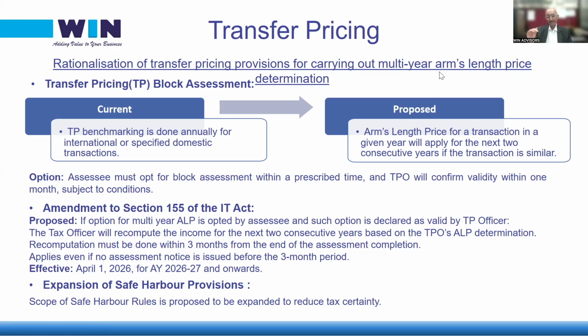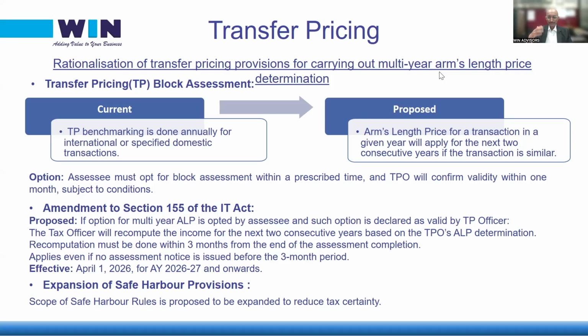Now, what they said is that you don't need to do it annually. You can opt for a block assessment for 3 years. Of course, you need to apply and TPO will confirm. So suppose you are a cost plus entity and you said that my margin is say 15% or 20% as per TP study, that 15 or 20% will remain the same for the next 2 years.